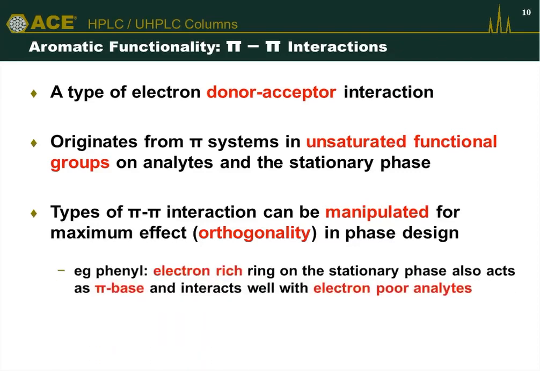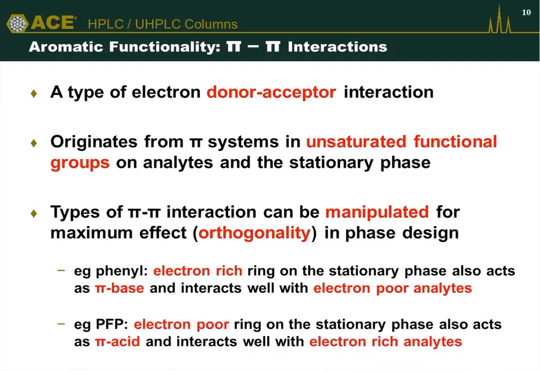So let me explain that with, for instance, a phenyl ring, a simple phenyl system. This is actually a weakly electron-rich ring. The electrons are pushed into the ring by the alkyl chain spacer that attaches through the siloxane bond down onto the silica.